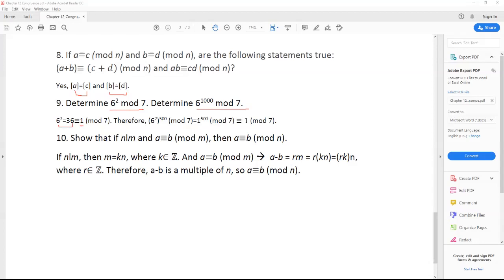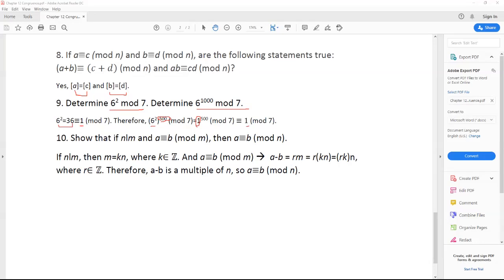And we can rewrite 6 to the power of 1,000 as 6 squared to the power of 500, because 2 times 500 is 1,000. And since 6 squared is the same as 1 in mod 7, I'm going to substitute 1 in place of the 6 squared, and 1 to the power of 500 is 1. So 6 to the power of 1,000 in mod 7 is just 1 mod 7.